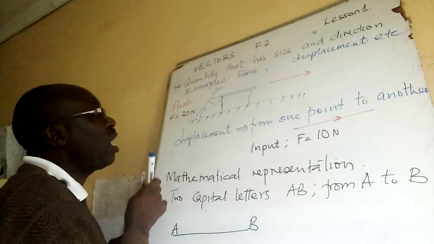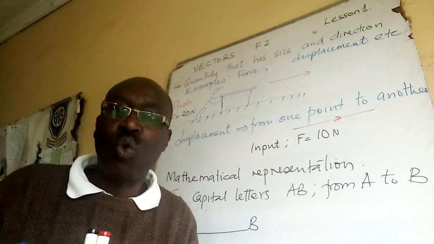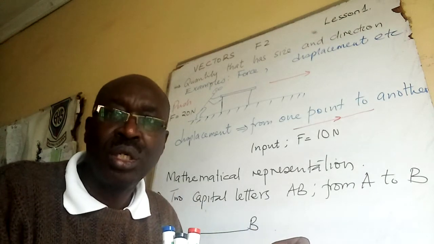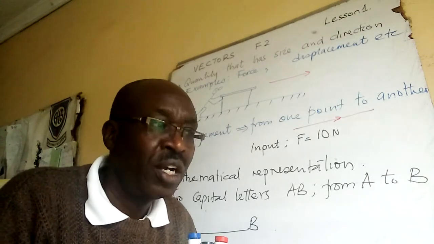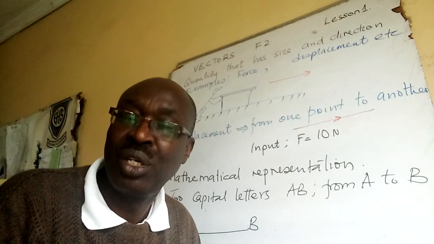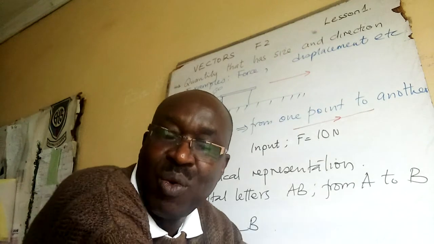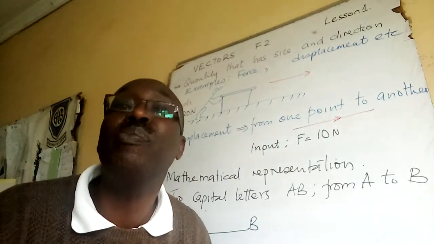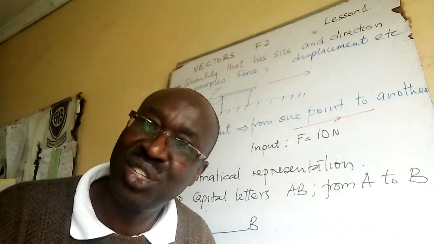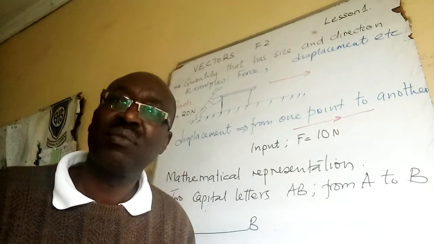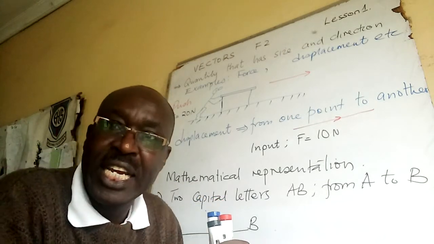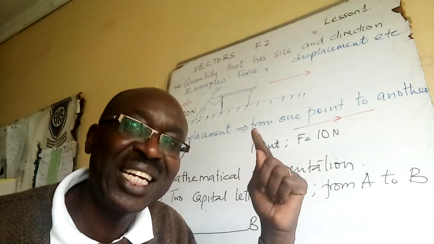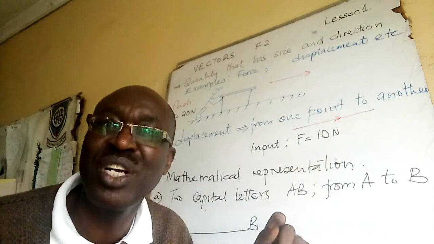Now, look, if I tell you push, definitely you are going to lean towards the direction of push. There is no way you can lean backward and push unless you are abnormal. It can't work. So already when I tell you push, the direction has already been handled.